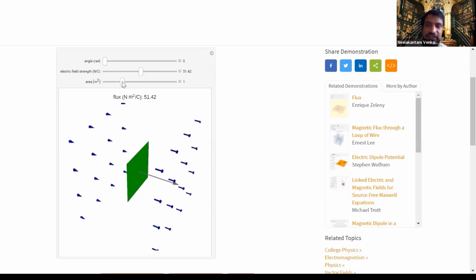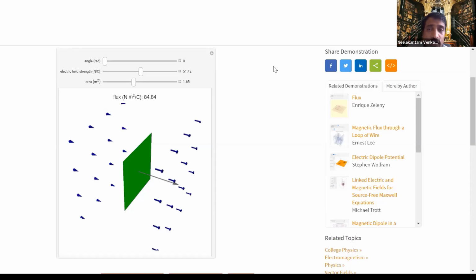If I increase the area to, for example, 1.46, you see that this is simply this times this, because the angle between the area vector, which is this gray one, and the electric field vector is 0.